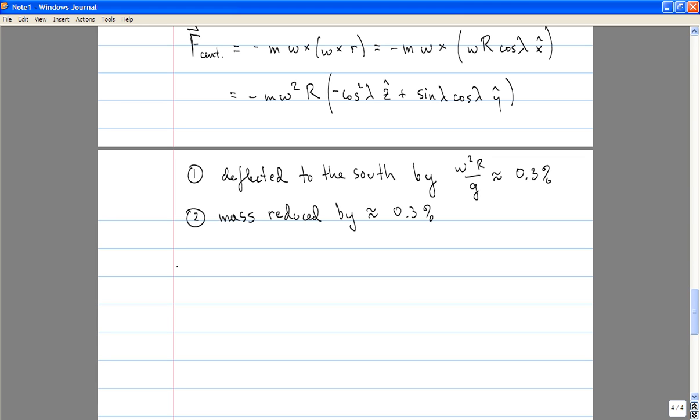Let's also do an example of the Coriolis force. Rather than just hanging a static mass on a string, let's imagine we drop a mass from some high building and watch it fall, and ask how the Coriolis force alters the trajectory of this falling mass.